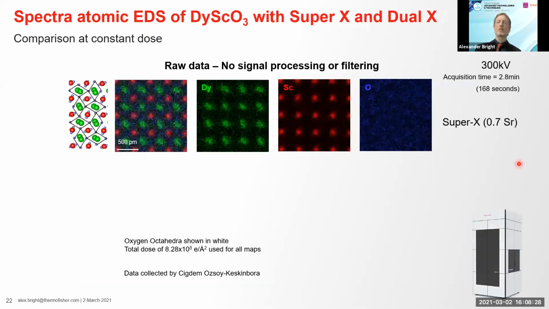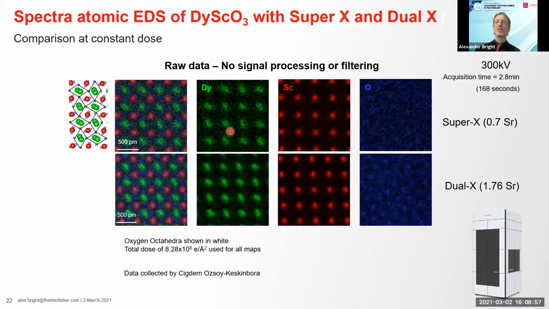Of course, we can also do atomic resolution EDS. So this data is from dysprosium scandium oxide and acquired on Spectra. This data set shown here is taken with the Super X detector. You can see the dysprosium and scandium clearly, and in fact, you can determine the slightly more vertical and horizontal dumbbells within the structure.